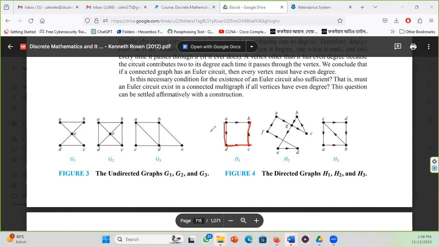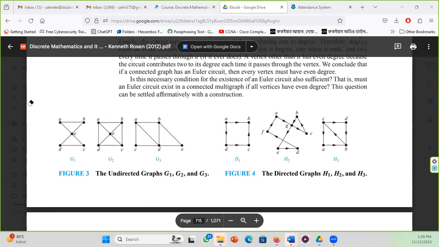So this is not an Euler circuit or an Euler path. The point is that you need to start from a point, travel along all the edges, not the node, all the edges, and return back to the same point. That is called the Euler circuit, and all the paths are known as the Euler path. So do you understand the difference between the Euler circuit and Euler path?